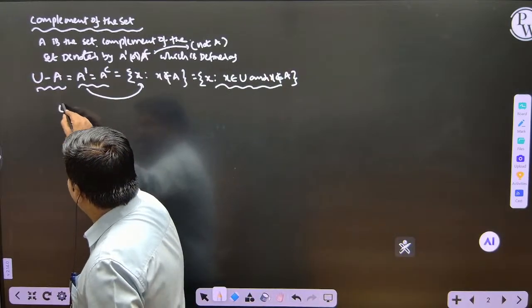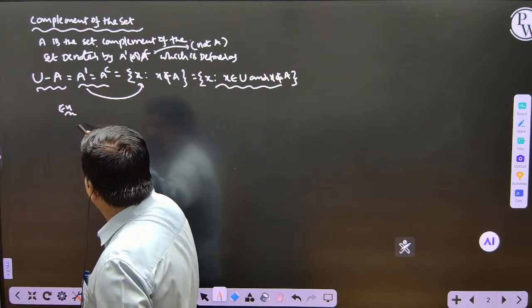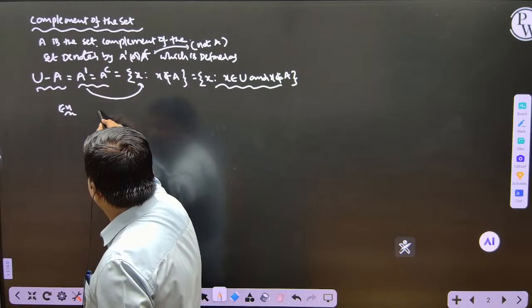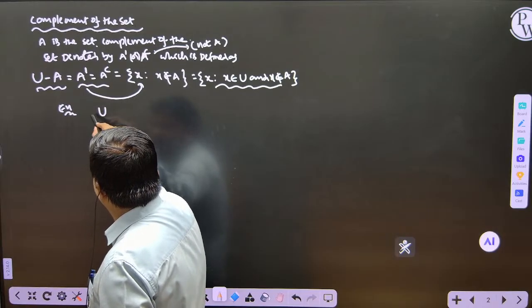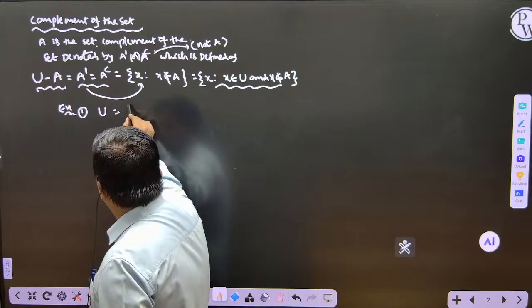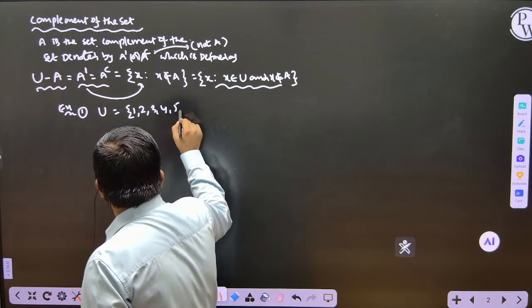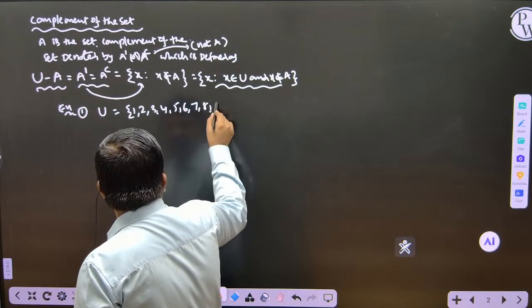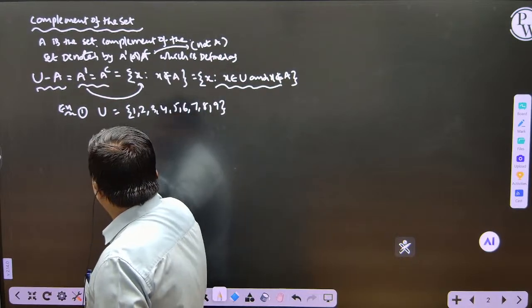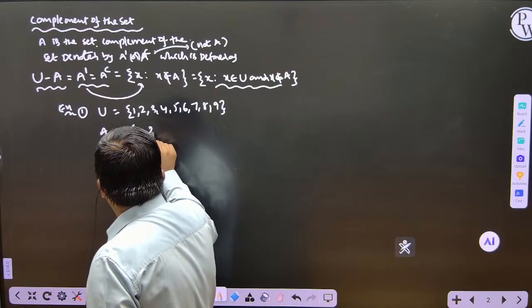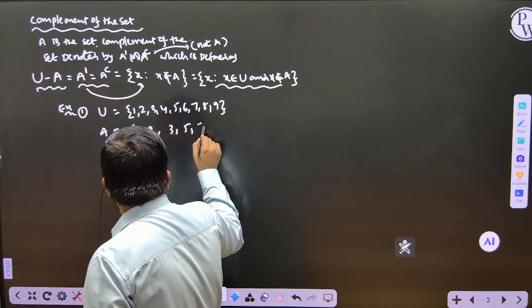Now the example you see here: the universal set is 1, 2, 3, 4, 5, 6, 7, 8, 9, correct. But the A set is 2, 3, 5, 7.